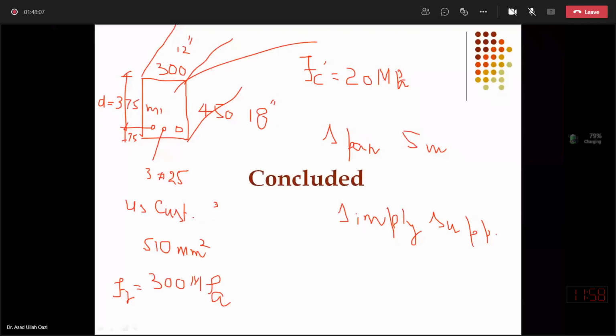So I have given you width, gross depth, fc prime, Fy, span, and I'm asking you, can you tell me how much ultimate moment this beam can take, and whether it is case 1 or case 2 beam.